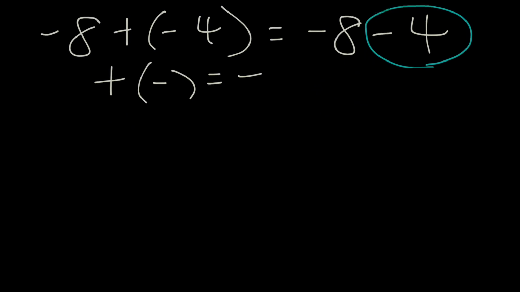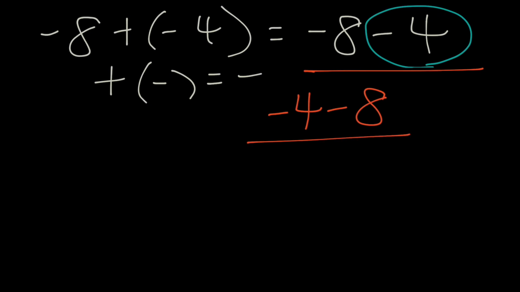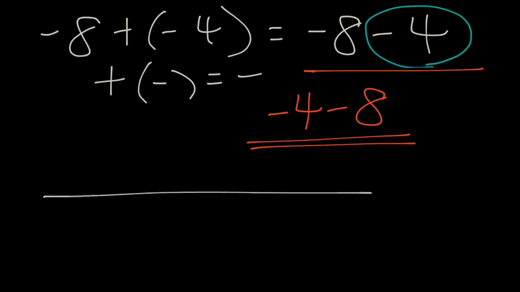Now, what if you want to change the order of the equation? For example, here we have negative 8 minus 4. What if we switch the position and want it to be negative 4 minus 8? Will the answer be any different? Let's take a look at it from the number line. If we start at negative 4, we're going to go 8 spaces to the left, so that would be 1, 2, 3, 4, 5, 6, 7, 8.